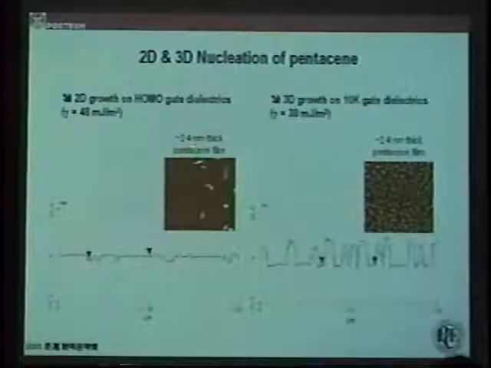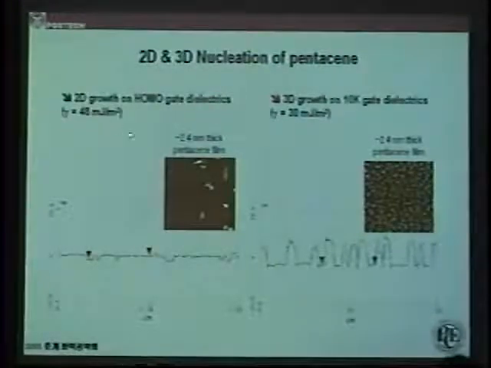We have a thickness of only 2.4 nanometers. Actually, pentacene itself, lined up vertically, is 1.5 nanometers. So this shows that most of the surface is covered with pentacene, and some part is still bare, but the thickness is only about 2.4.